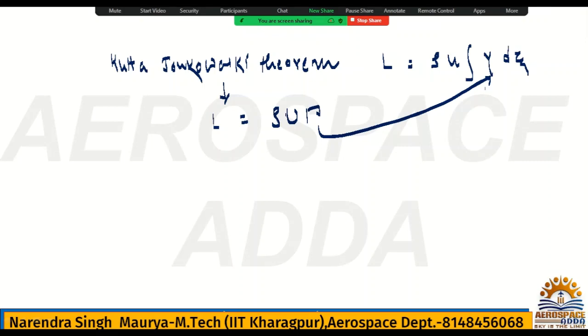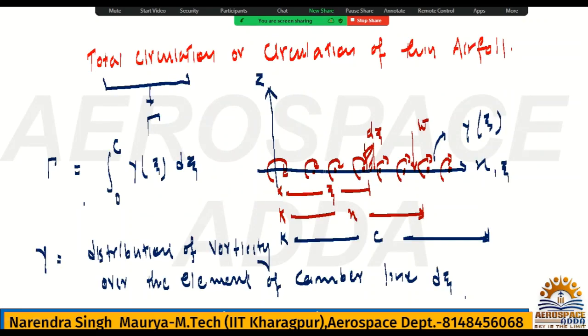Yes or no? And one more thing you know very well. What is that? L is equal to, in terms of pressure, lower surface pressure minus upper surface pressure, and the length, if you check, is along the x-axis, so it will be dx.